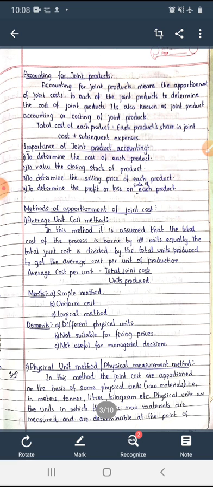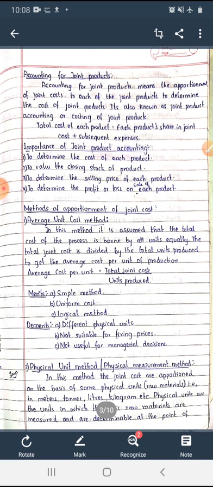If you know the cost and you fix the selling price, you can determine the profit or loss on the sale of each. Once you get the profit or loss, you can take decisions, or if there is a loss, we can make some decisions, right? These are the main importance of joint product accounting.